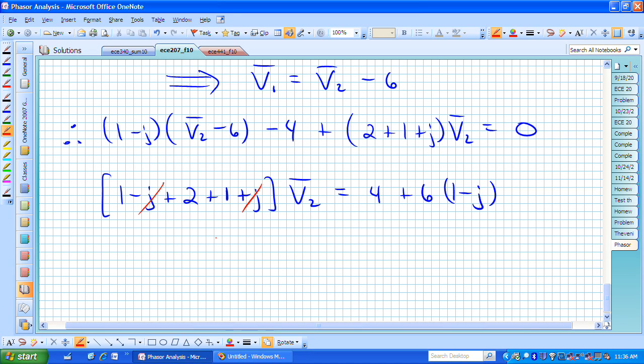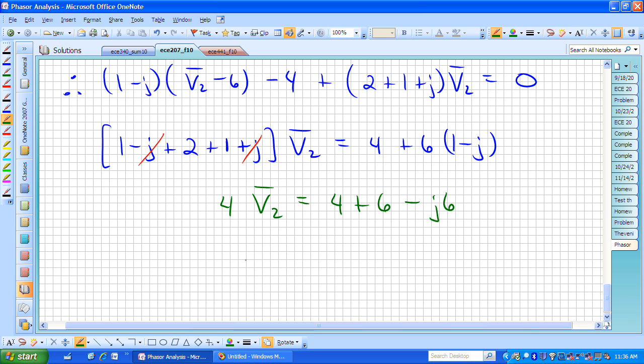The imaginary component in my coefficient for V2 is canceled, and I'm left then with 4 times V2 bar is equal to 4 plus 6 minus j6, or I now have 4 V2 is equal to 10 minus j6.